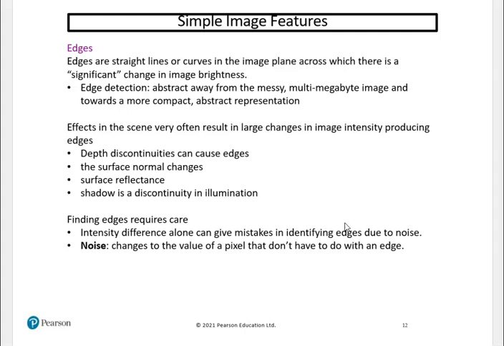Finding edges requires carefully looking at the intensity difference, because if we just focus on intensity difference, this can give us mistakes in identifying edges due to noise. We define noise as changes to the value of a pixel that don't have to do with an edge. So for whatever reason, if there's a change in the intensity of a given pixel that's not related to an edge at that pixel, we call that noise.